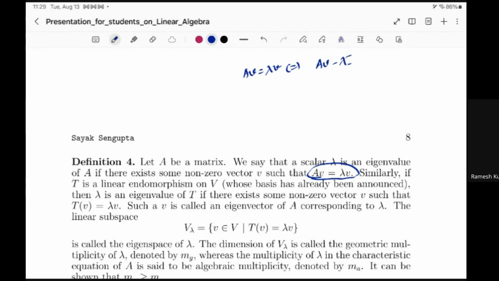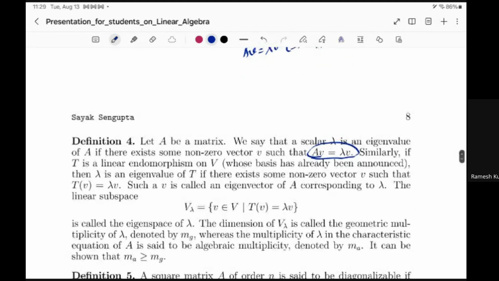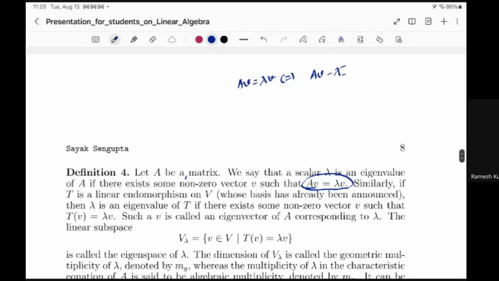I didn't write the order of the matrix. So this is a square matrix, so I should say square matrix of order n, and I_n is the identity.